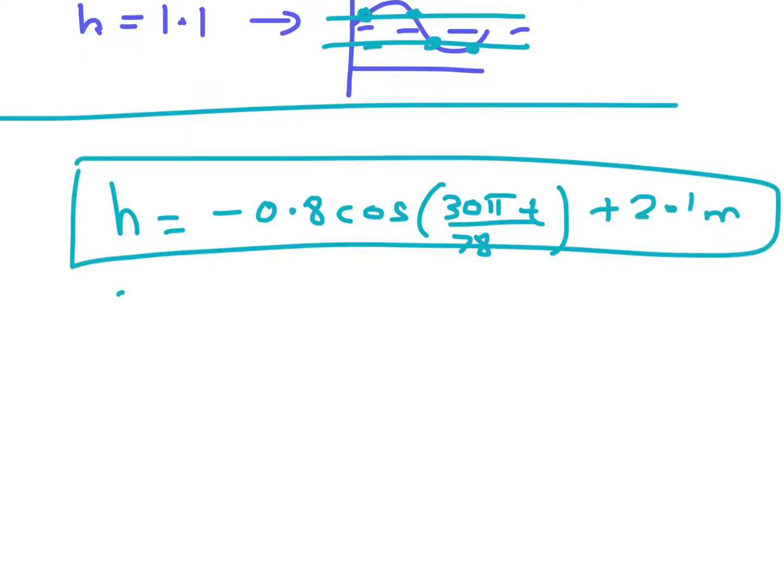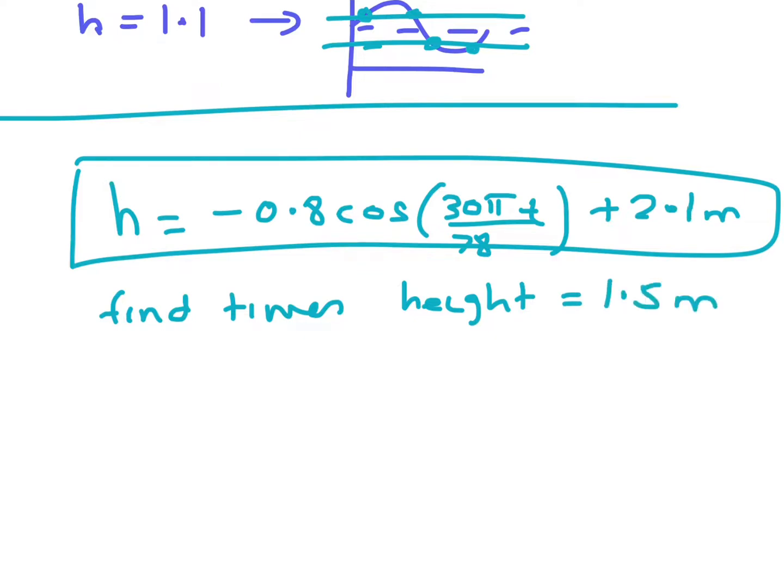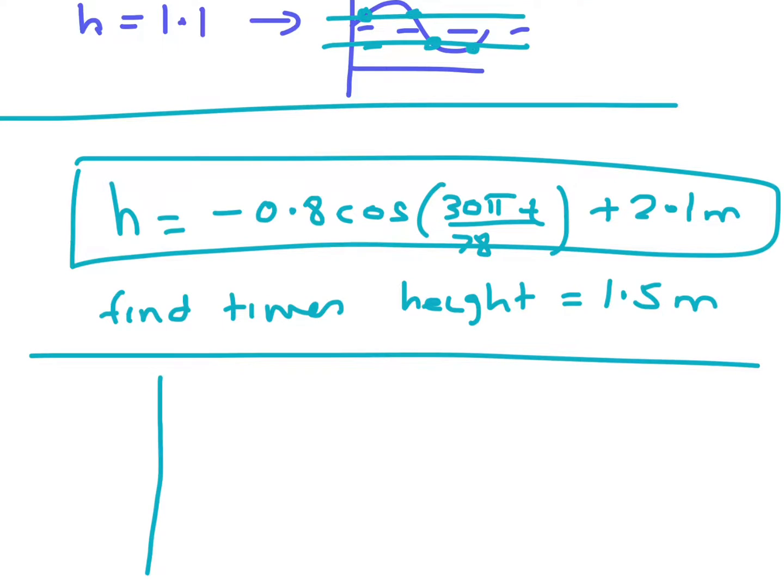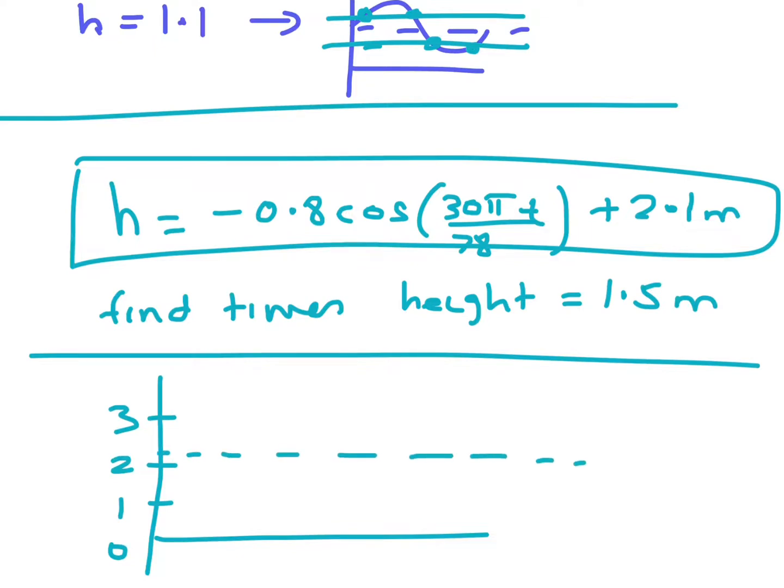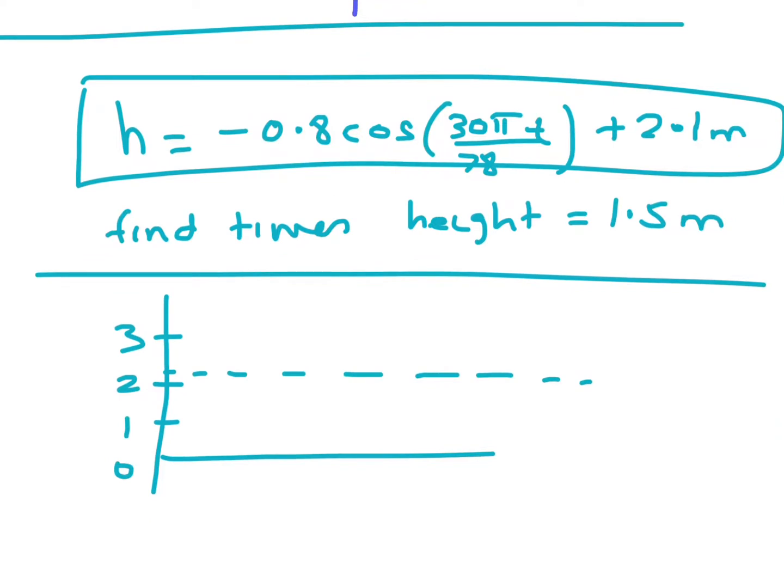So if we wanted to find the times when the height is equal to, let's say, 1.5 meters. Graphically, what that means is you go up to 1, 2, 3, and you go up to 2.1, because the center is 2.1.